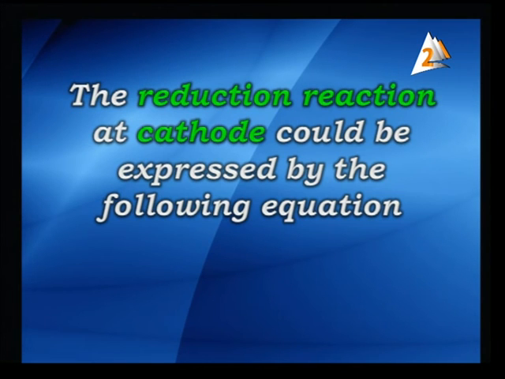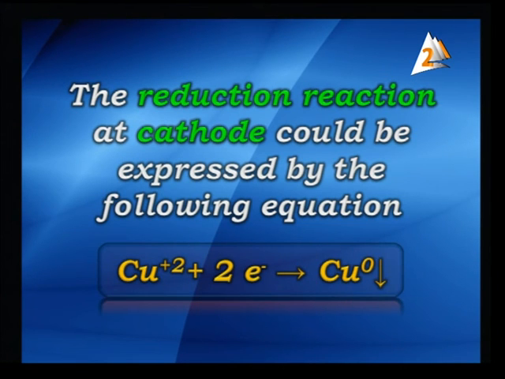After that, the reduction reaction at the cathode can be expressed by the following equation: Cu2+ plus 2 electrons, gaining electrons to make reduction, forming a precipitate of solid copper. It is red copper that is found here in this equation. The reaction between the two halves depends on Zn for the oxidation and copper for the reduction.